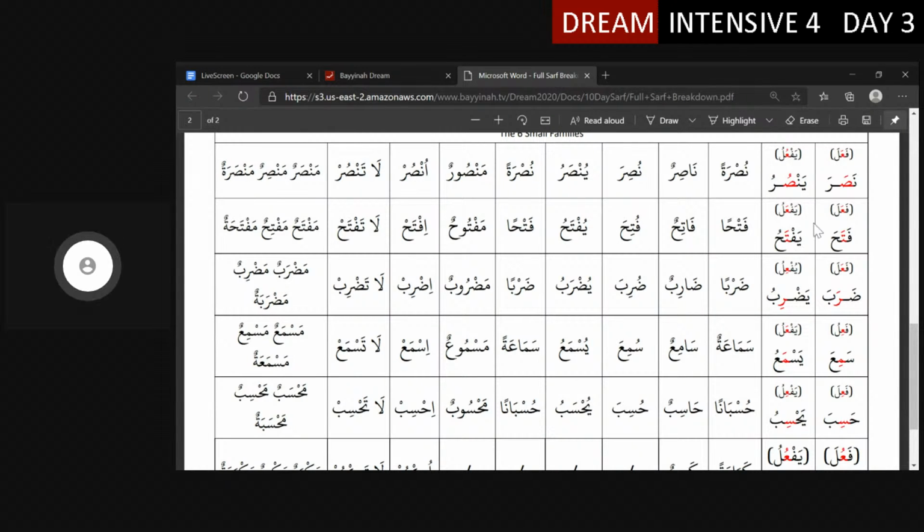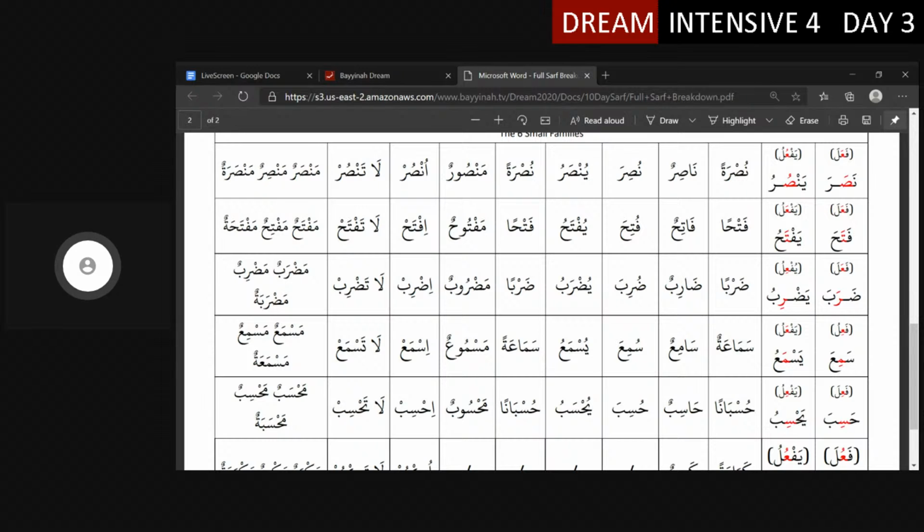Then on the pattern of فعل يفعل، فتح يفتح فتحا فهو فاتح، فتح يفتح فتحا فهو مفتوح، الأمر منه افتح والنهي عنه لا تفتح والظرف منه مفتح ومفتح ومفتحة.